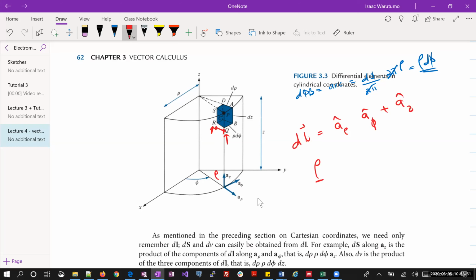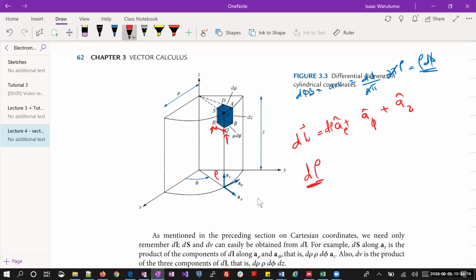Therefore, the elemental length between R and Q is going to be d rho, because it is a small length of the radius. So we introduce d rho there as the small length from R to Q.